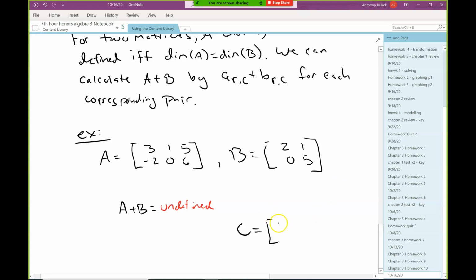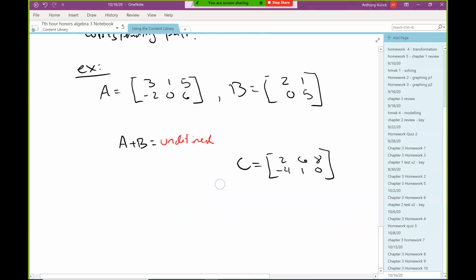What if we have C as the matrix here? Can we add this A and C together? Yes, right? Yes, Jack? So is there any way A and B could be added together, or is it just not possible? Not possible if the dimensions are not the same.